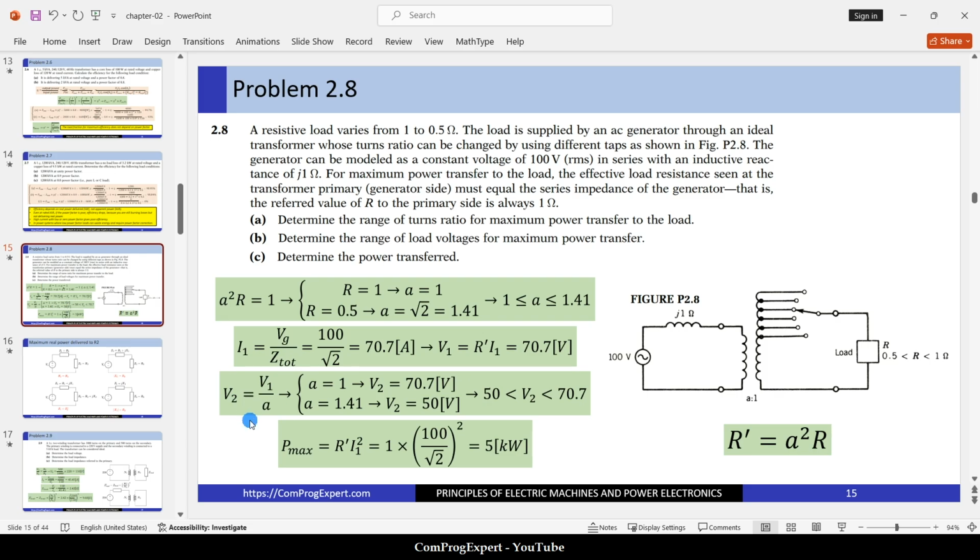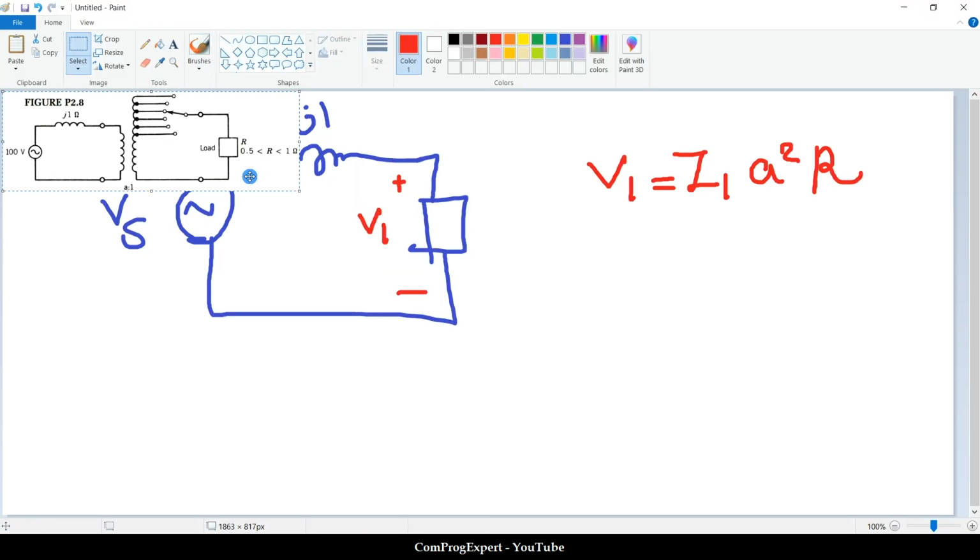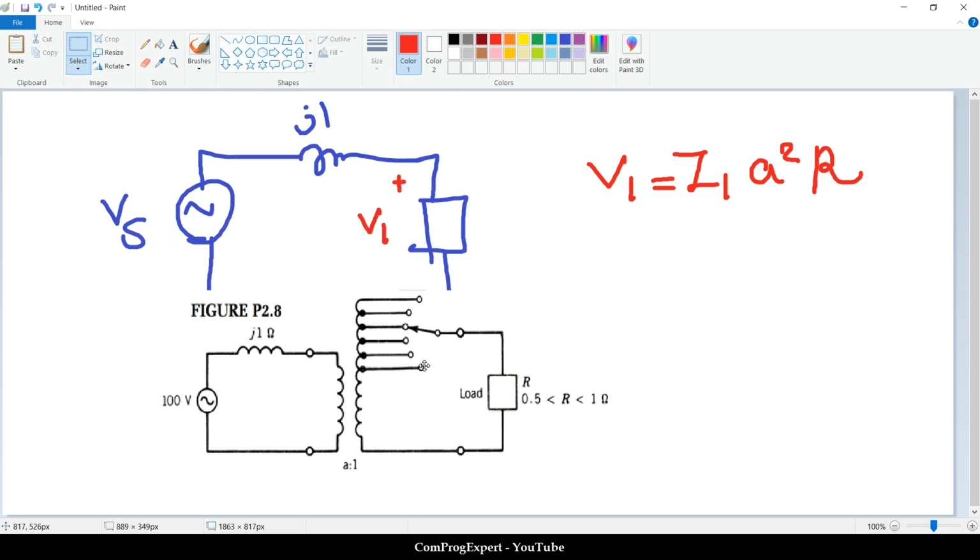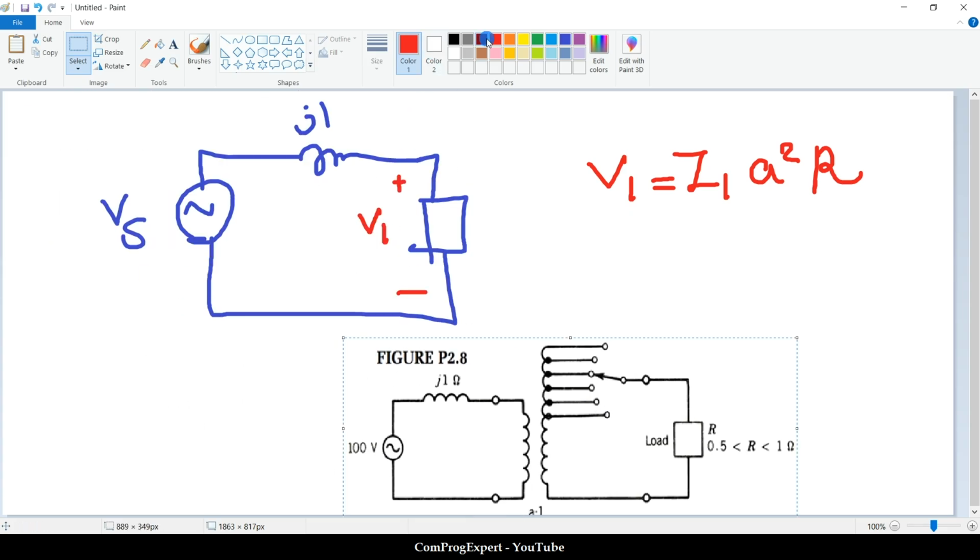So the value of V2 here, in this case, we calculated the voltage of the secondary part.